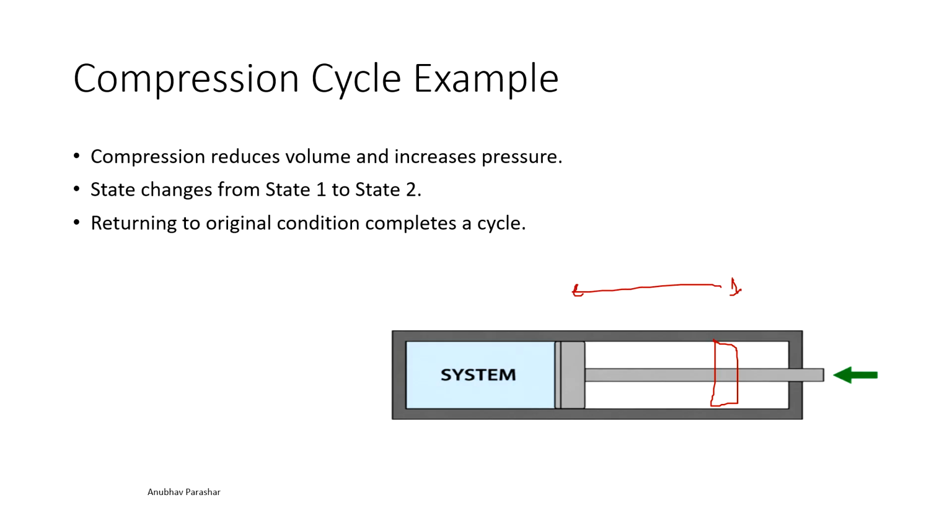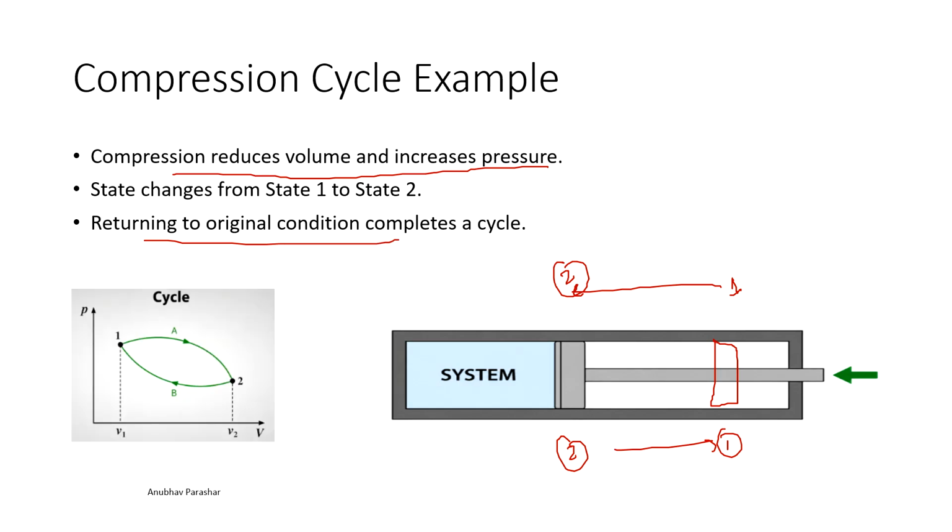It moved to the equilibrium state 2. The compression reduces the volume and increases the pressure. And then from 2, it again moves back to 1, so it returns to its original condition. Then we say a thermodynamic cycle has taken place, from 1 to 2, then 2 to 1.